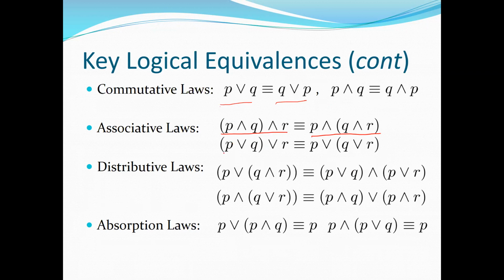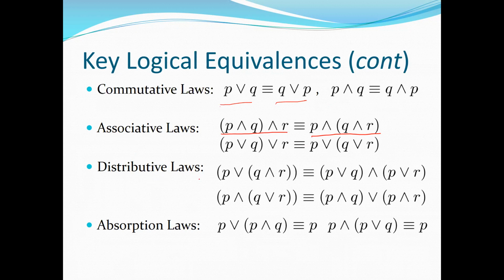The same is the case with OR. If you take P or Q or R, P or Q first, then OR with R, it is the same as taking Q or R first and then ORing that result with P. So they are logically equivalent, and this law is called the associative law.